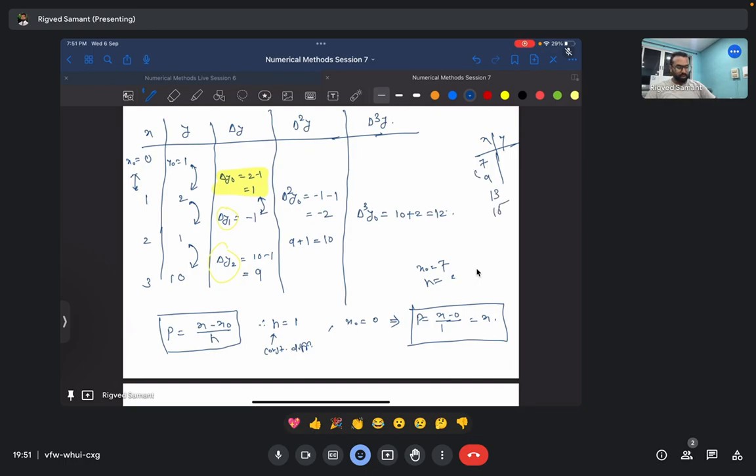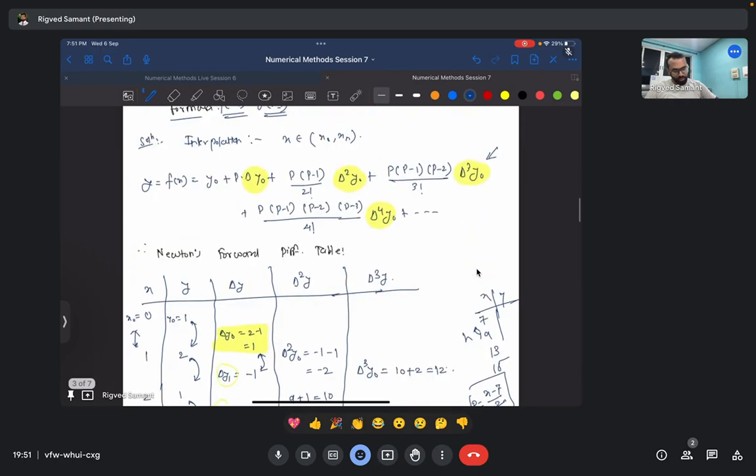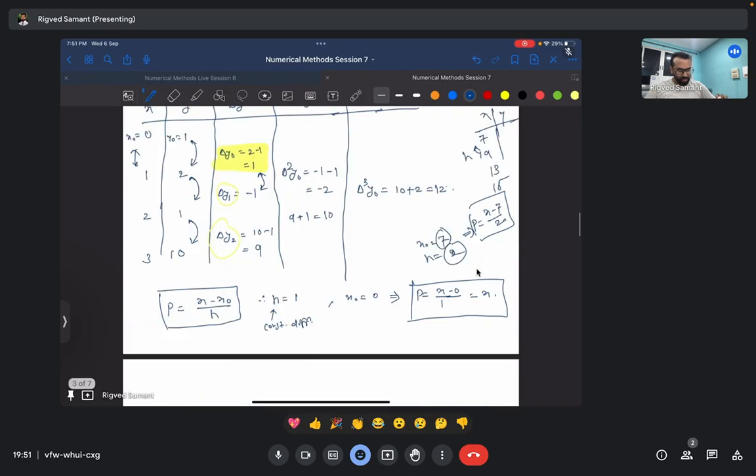So the h value is 2, right? H value is 2 and x naught is 7. In that case, your p would be (x minus 7) divided by 2. So that would be your p, and this x minus 7 you will substitute here, here, here. So right now it is just x.